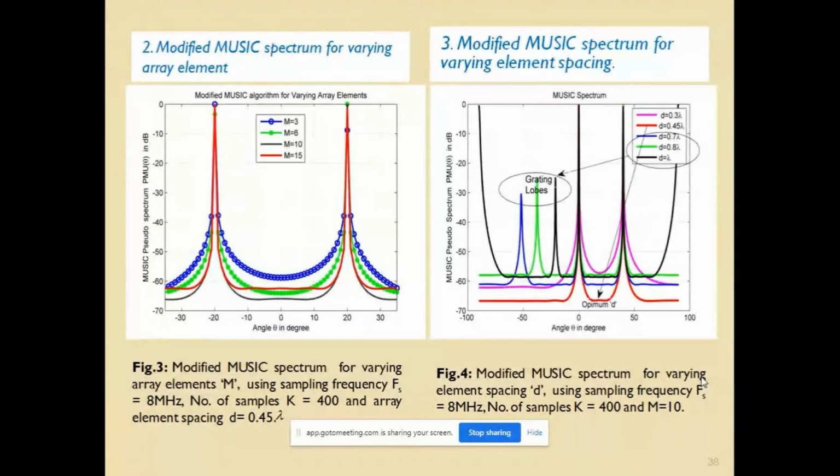We can see how the modified MUSIC algorithm works effectively for multiple different antenna counts. When antennas are 3, 6, 10, and 15, they produce the required result.